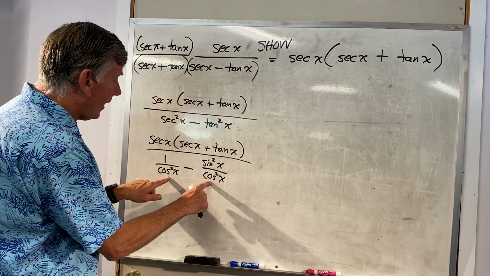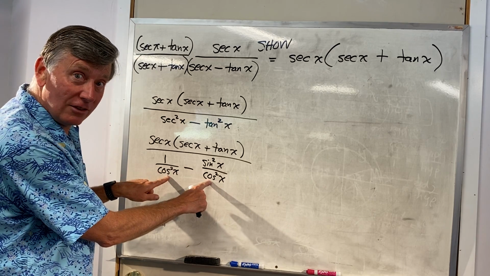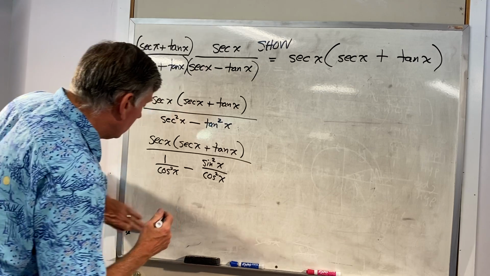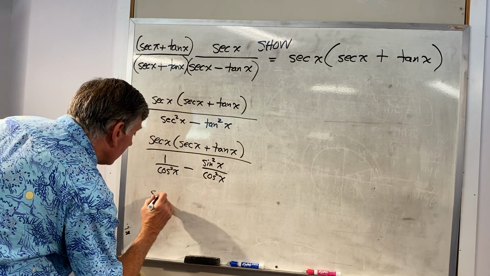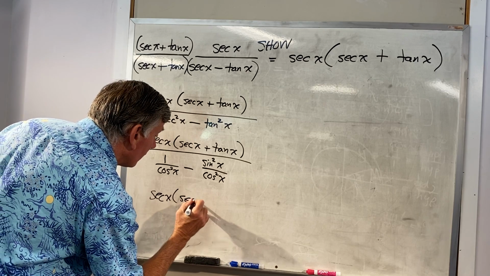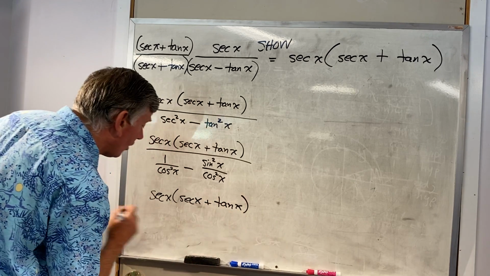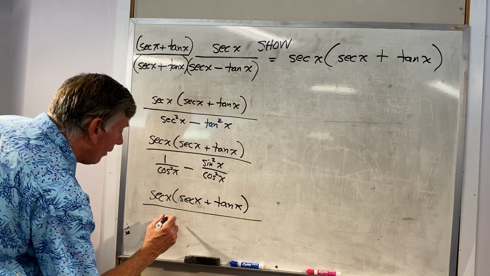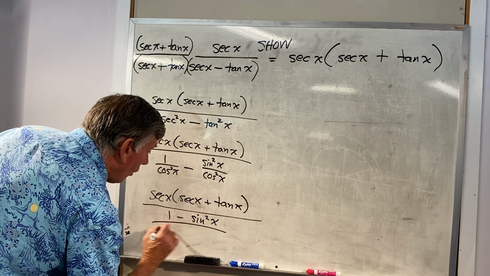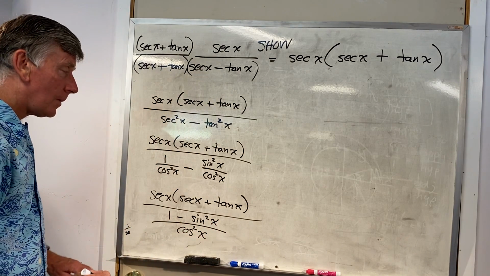What's nice is I have the same denominator for both of these fractions. So I'm going to write this now as one fraction. So I have secant of x times secant of x plus tangent of x. Numerator hasn't changed. And on the bottom, I now have 1 minus the sine squared of x over the cosine squared of x.